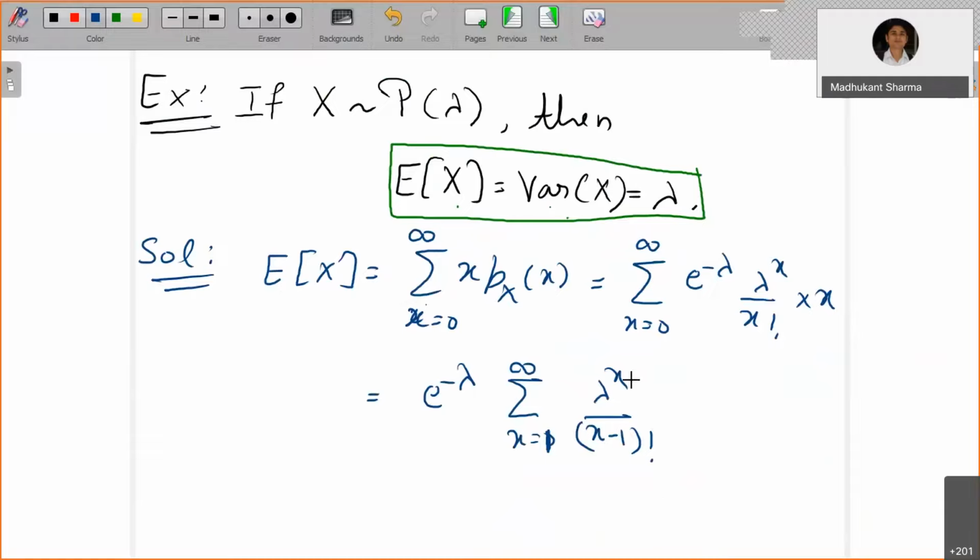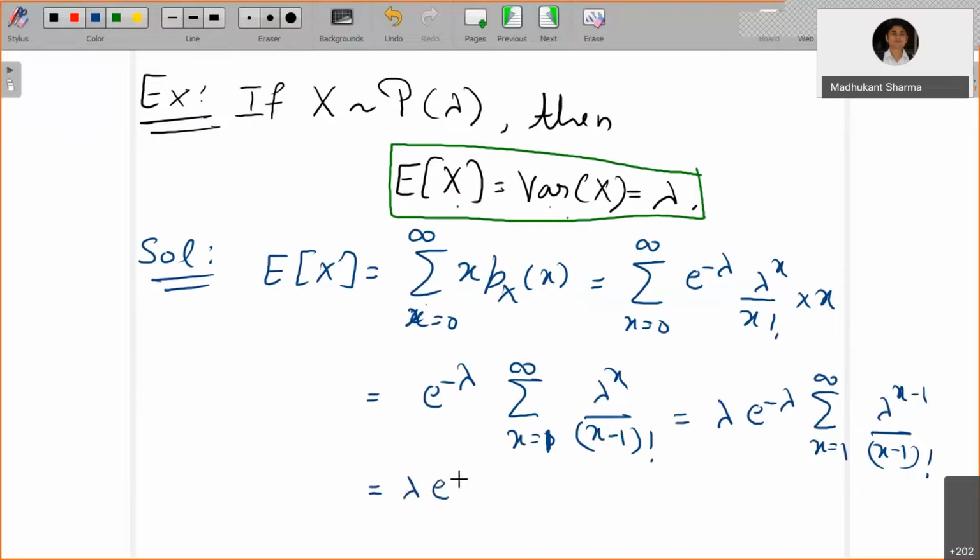Right? So now, I will take lambda out from here. So I will have lambda times e to the power minus lambda times the summation, x equals 1 to infinity, of lambda to the power x minus 1 divided by x minus 1 factorial. Which is nothing but, see, x equals 1 means x minus 1 is 0, so you can use that as a dummy index.